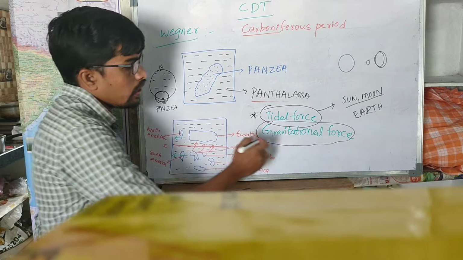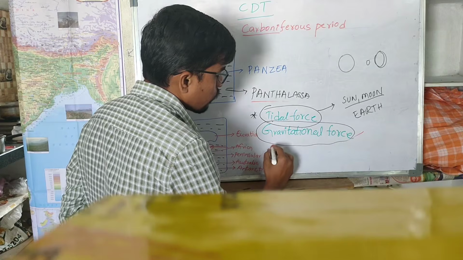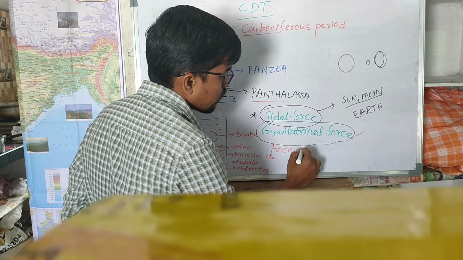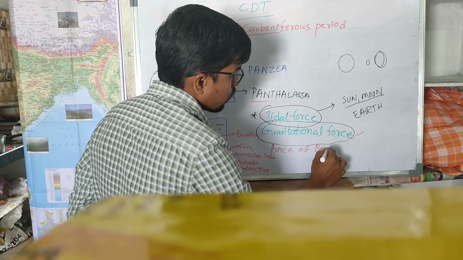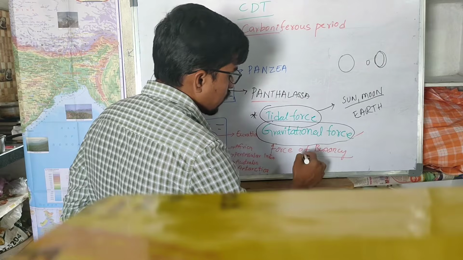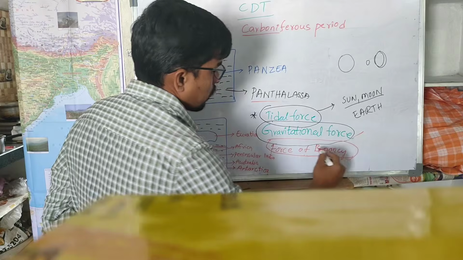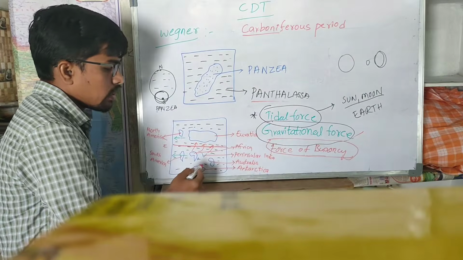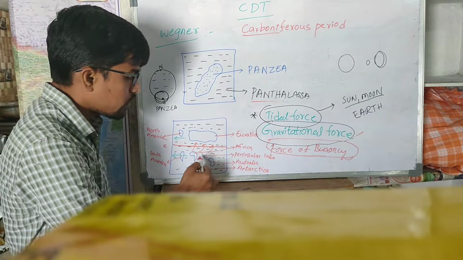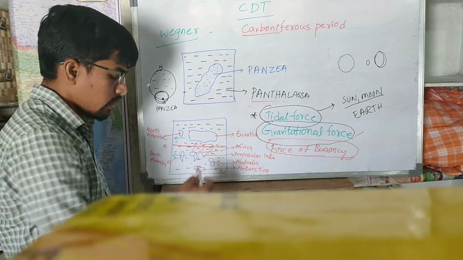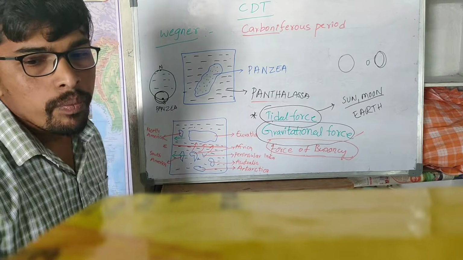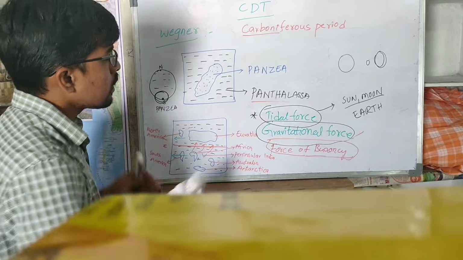This is caused due to the gravitational force or the force of buoyancy. This phenomenon in physics is the cause for the equatorward movement of these Gondwana continental land masses.